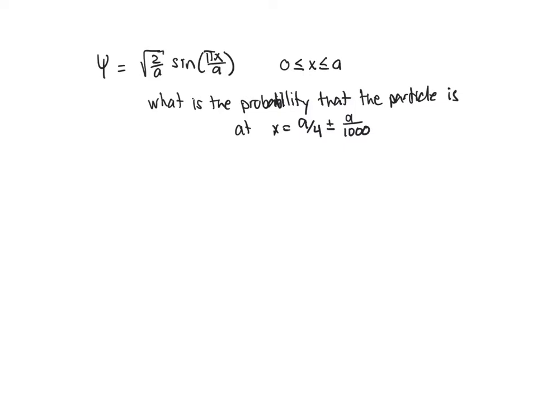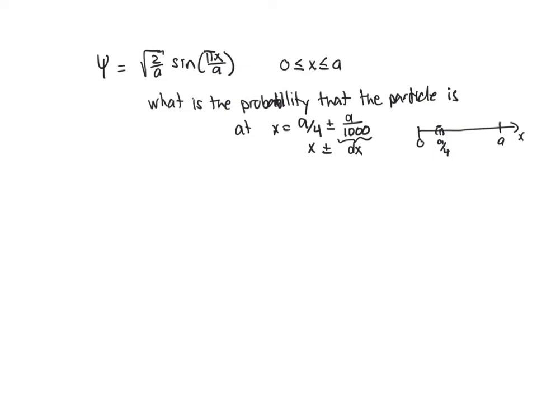So a over 1,000 is some small region around a over 4. If this is my x-axis, and here is 0, and here is a, here's a over 4, a over 1,000 is some little distance around that. So this constitutes my value of dx, right? That constitutes the little region around space that I want to find where my x is.